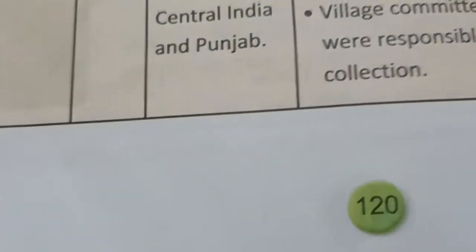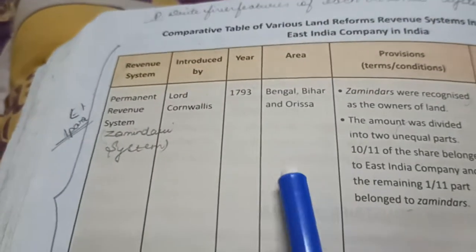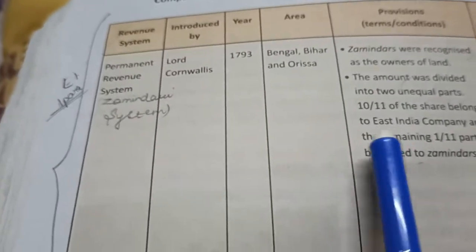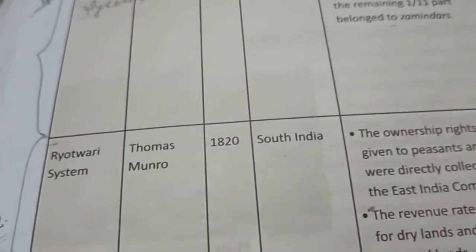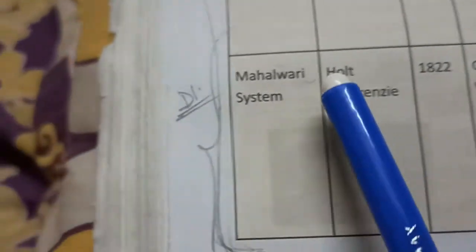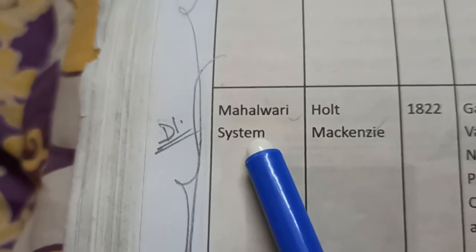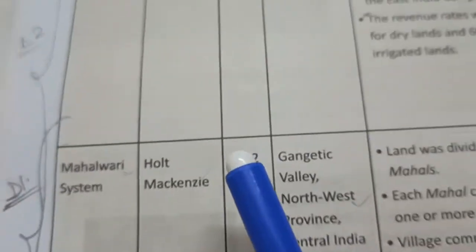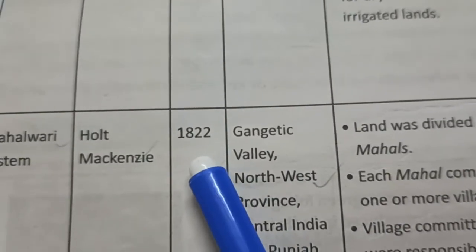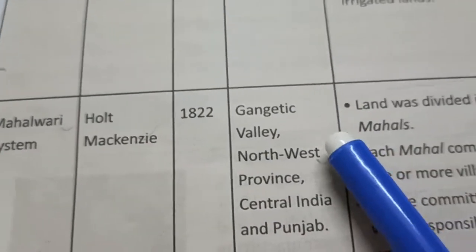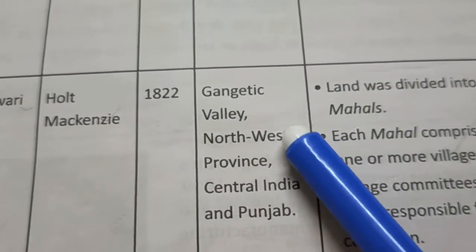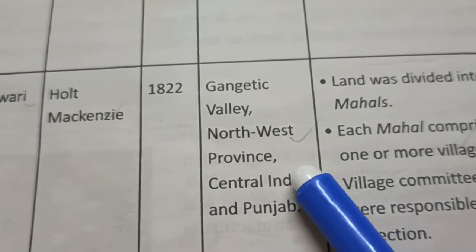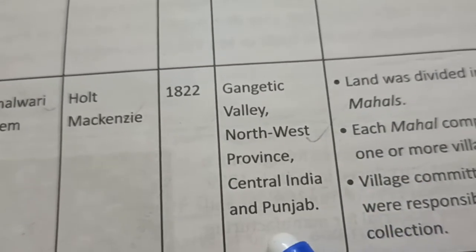You take out page number 120. Here 3 land revenue policies of the Britishers are given. Here you will write about this Mahalwari system. It was introduced by whom? Holt Mackenzie. In which year? In 1822. And at which places? Gangetic Valley, Northwest Province, Central India and Punjab.